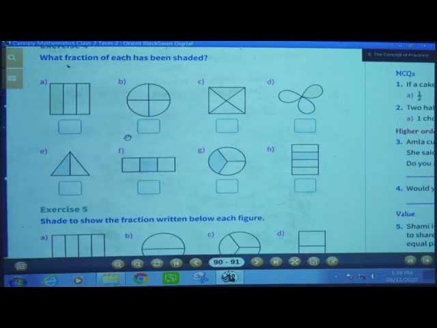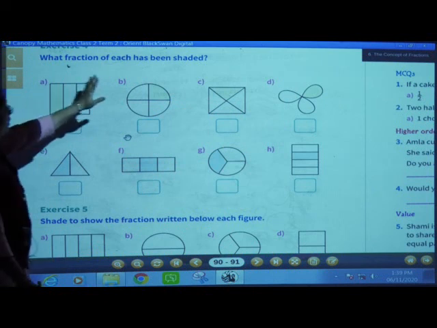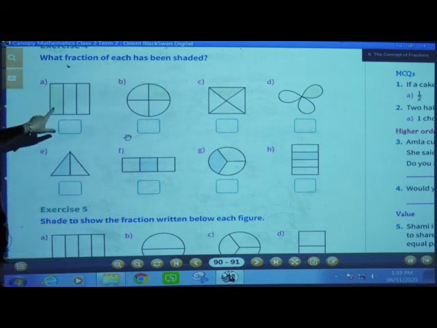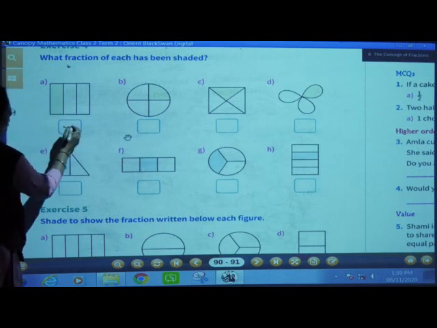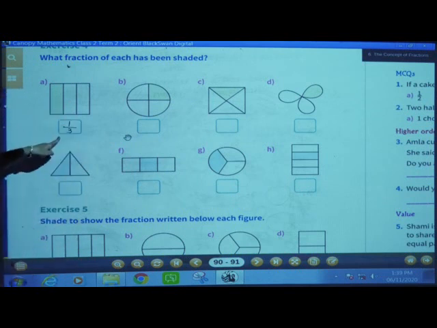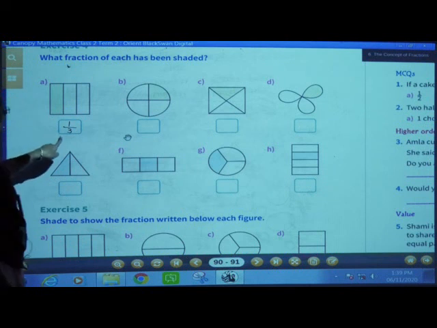We have to write here the fraction. First tell me how many equal parts are here? 3 and shaded part 1. So this is 1/3.